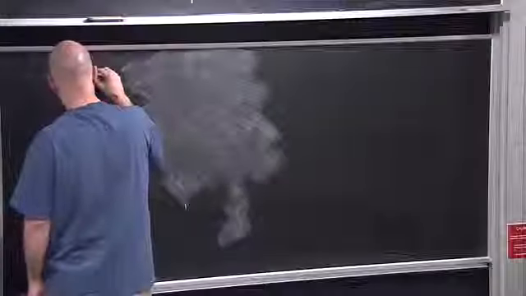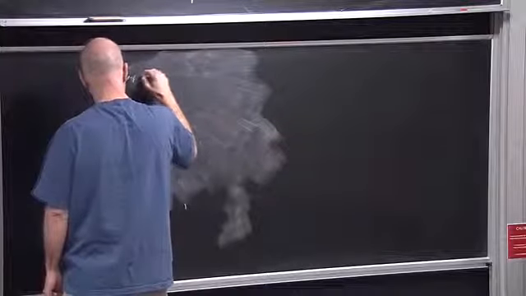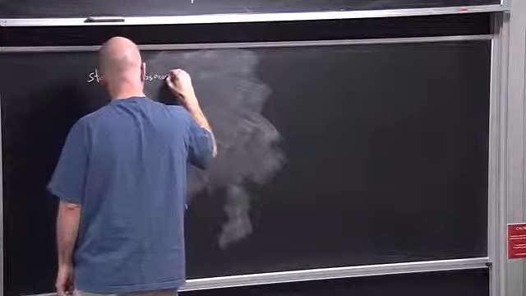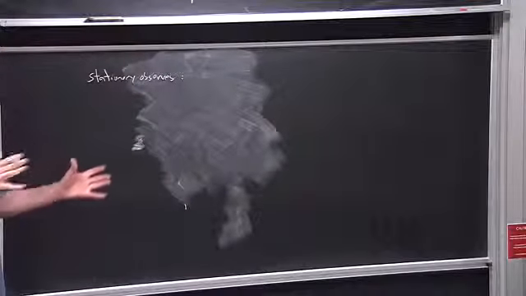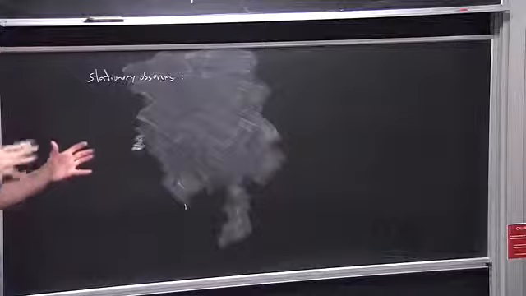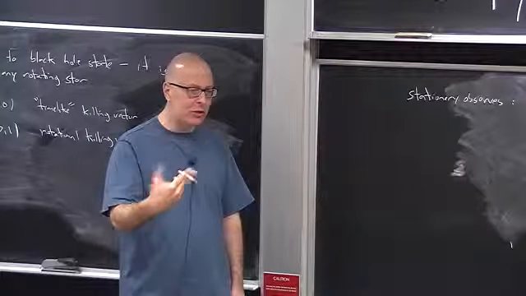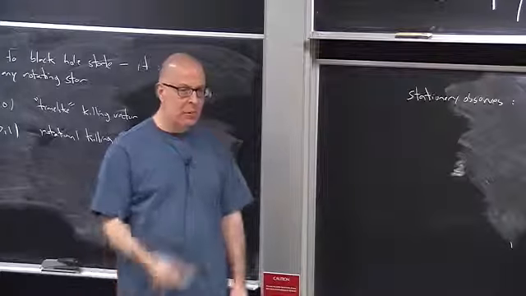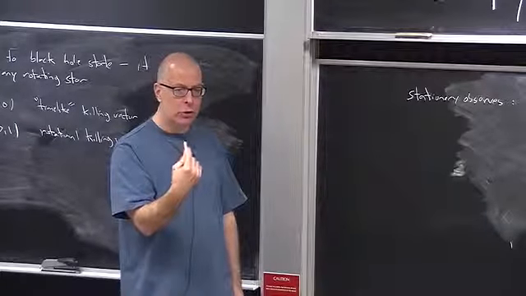Inside the surface, we can consider what are called stationary observers. Those would be observers that feel the drag of the rotation, so they let themselves be dragged because they don't have a choice, but they're moving purely in the angular direction.